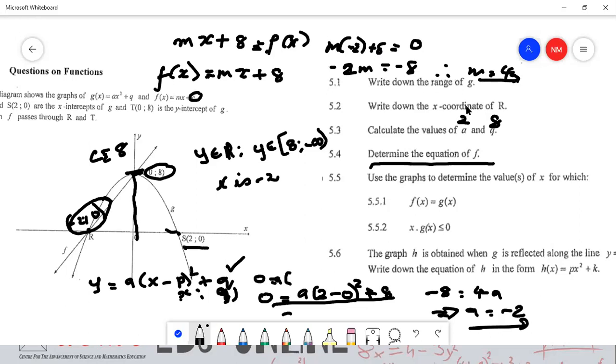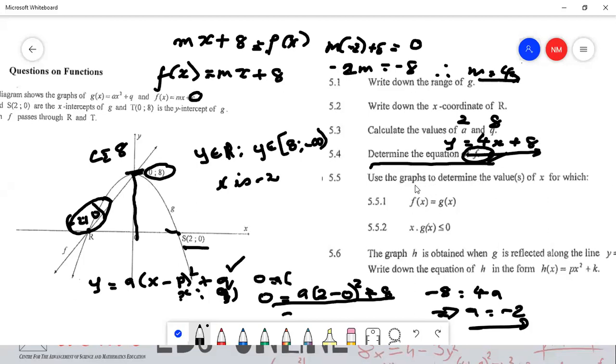So for the learners to get motivated, just give them something which is simple for them to calculate. So the equation is going to be y equal to 4x plus 8. So that is going to be the equation of f.